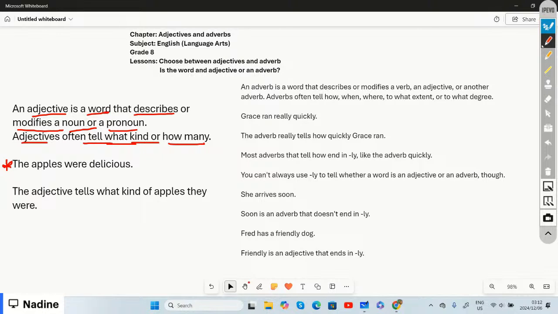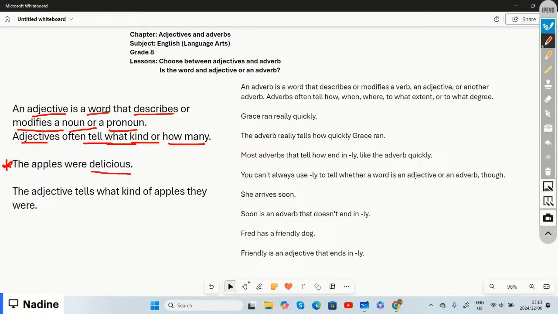And by looking at that sentence, we can say that it basically tells us what kind of apples they were. And if we were to identify what kind of apples they were, we can say they were delicious. So delicious is the word that tells us what kind of apples they were.